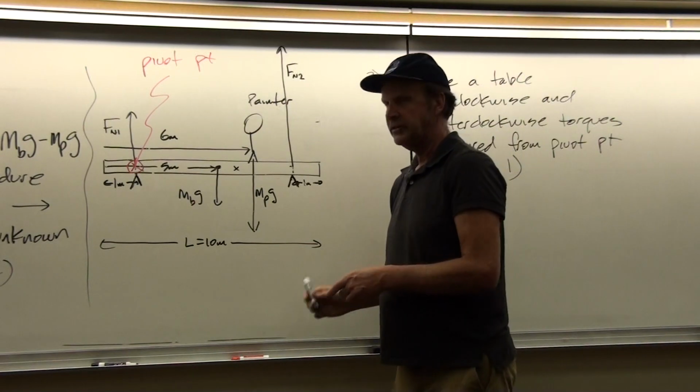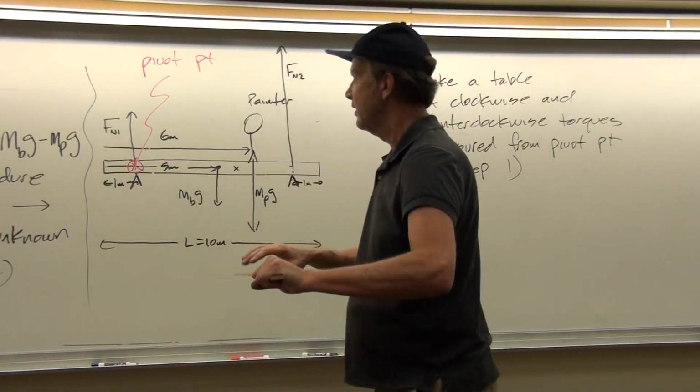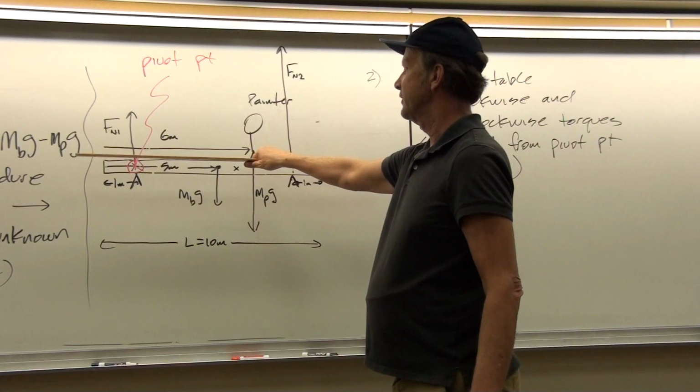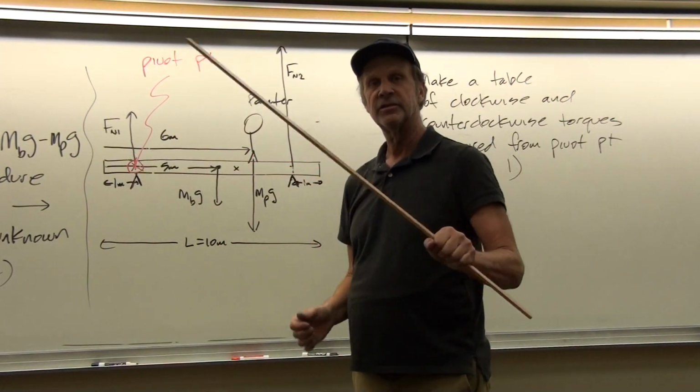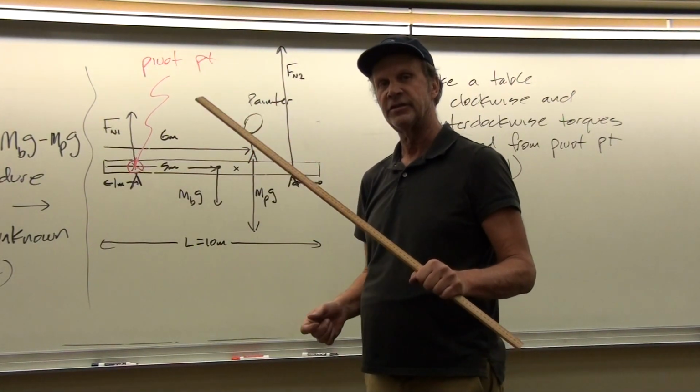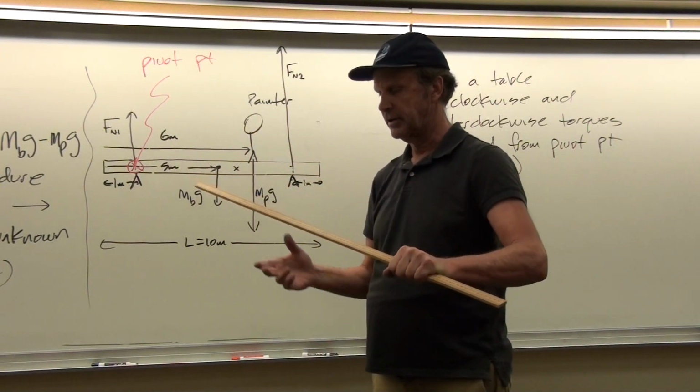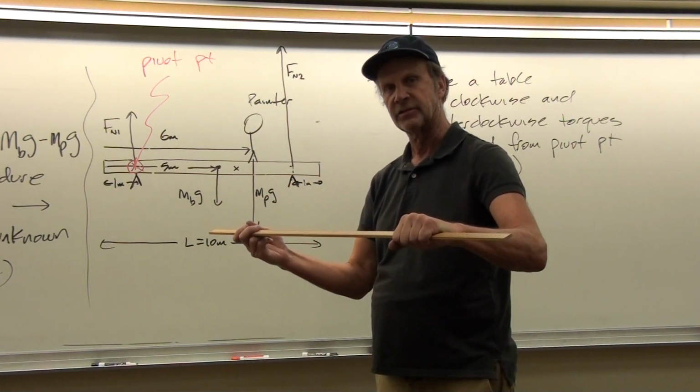Okay, and so how can you do this? Well, here I've got a meter stick, which I'll use for this problem, but you could just as easily use the pencil or the pen that you're using to write as your extended mass distribution.